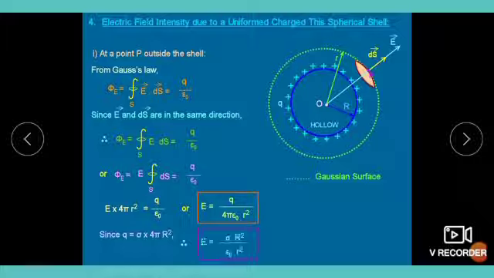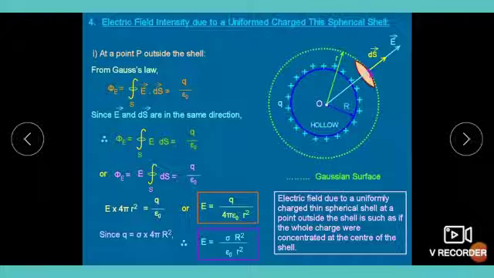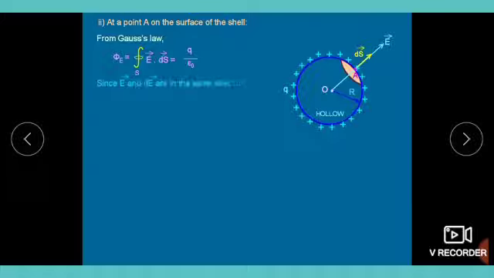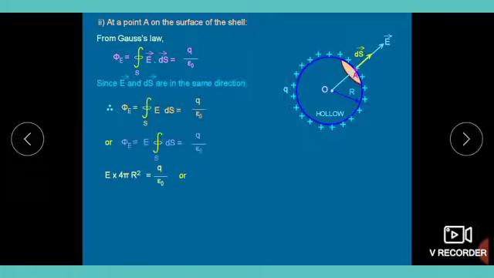The electrostatic field intensity due to a uniformly charged thin spherical shell behaves as if the entire charge Q is concentrated at its center, equivalent to the same expression we learned in the previous case. At point A, on the surface of the shell, we simply consider the Gaussian surface once again on the surface and make the same measurements and calculations.